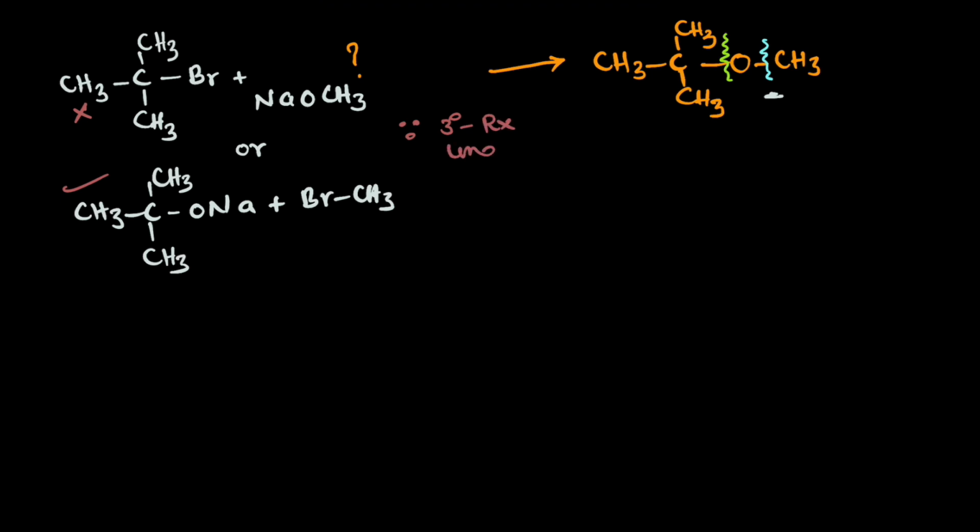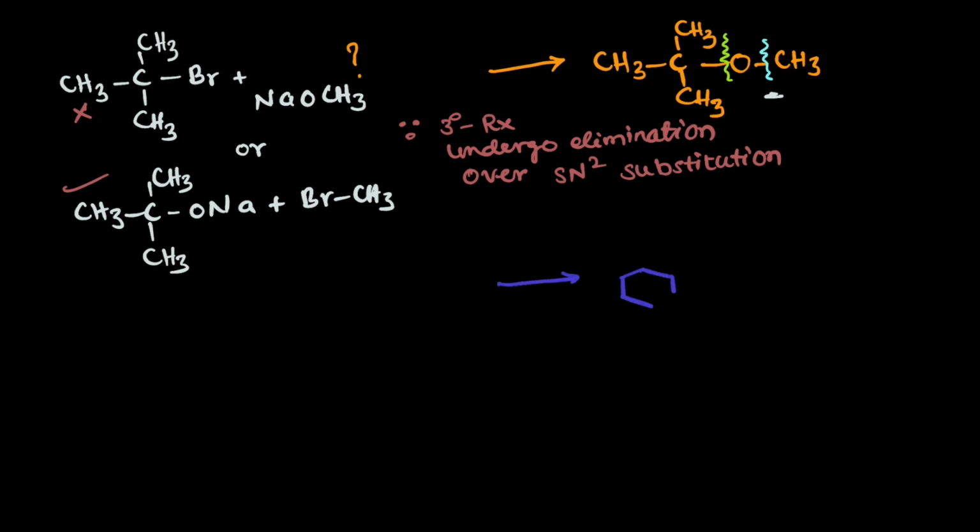Therefore the product forms, methyl tertiary butyl ether. So a tertiary alkyl halide undergoes elimination over substitution because elimination is compulsorily favored in the E2 reaction.